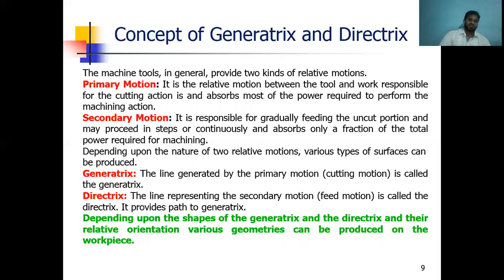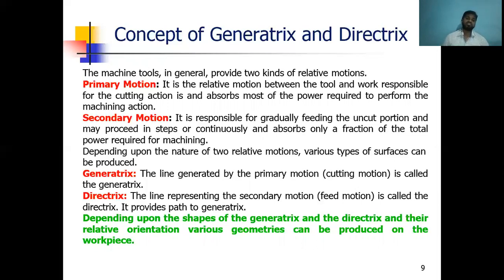So primary motion is used to remove the material from the workpiece. It needs some power. So this is the initial step towards machining, that is primary motion.